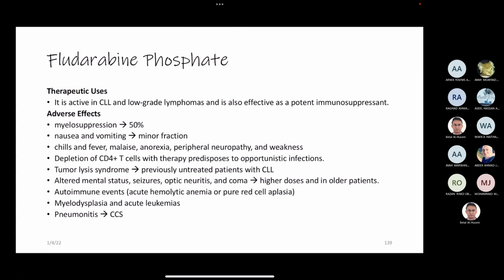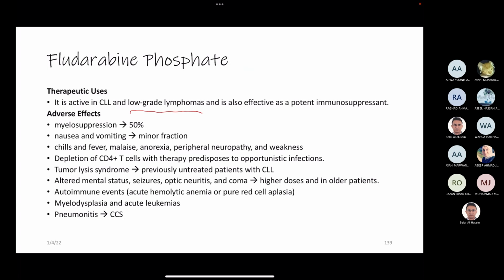It is used for chronic cancers like chronic leukemias or chronic lymphomas, or زي ما قلنا low-grade lymphomas. This is the old name. Nowadays they are called indolent lymphomas or slowly growing lymphomas. It is myelosuppressive. It causes minor or mild nausea and vomiting.